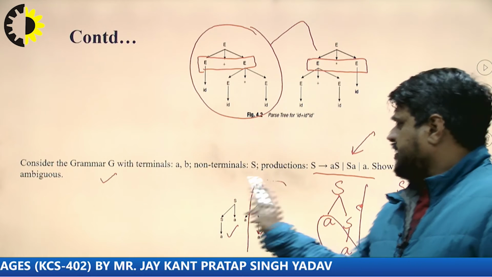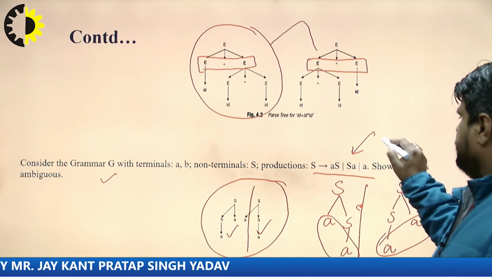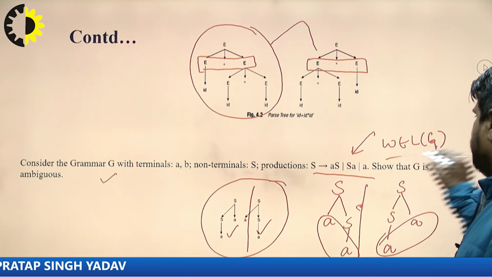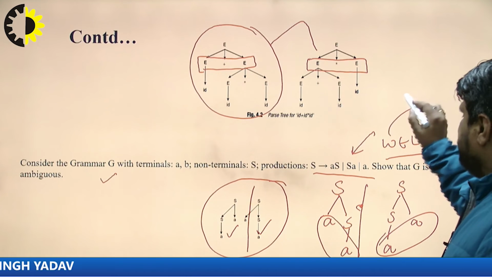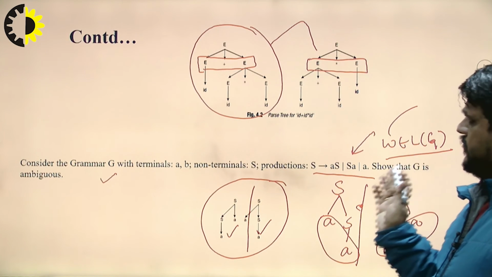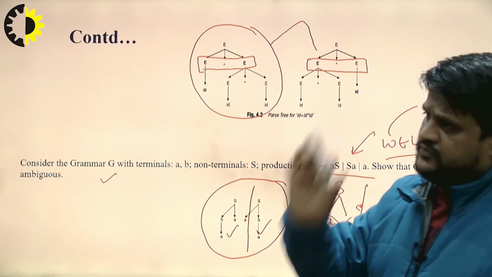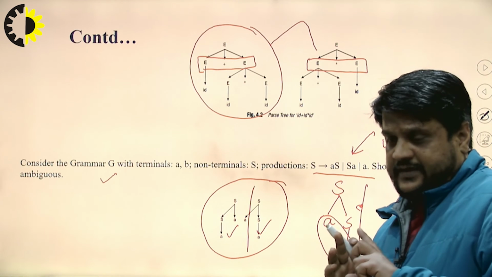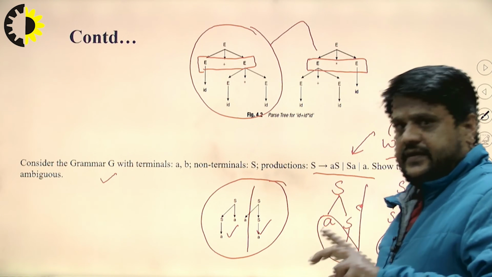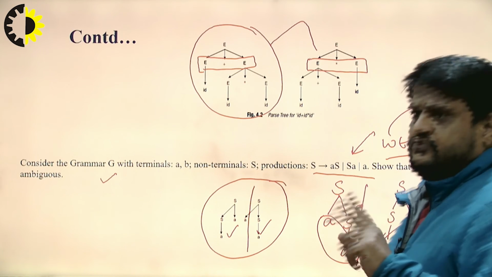So any string W belonging to L(G), the language generated by the grammar, that has more than one parse tree is ambiguous. Or you can say more than one leftmost derivation or more than one rightmost derivation. If you think in terms of derivation, then more than one leftmost derivation means there is no unique leftmost derivation.